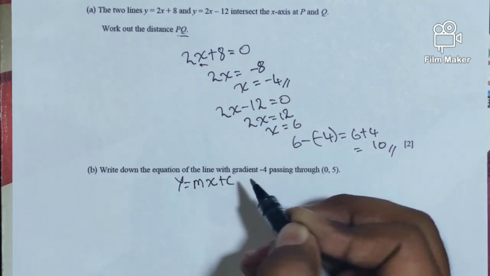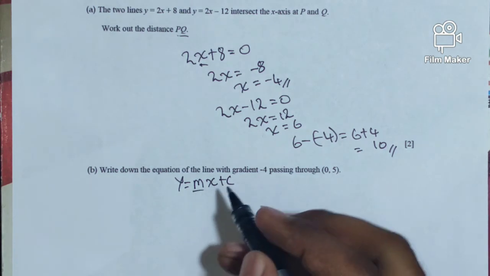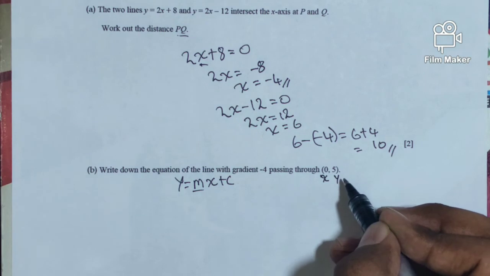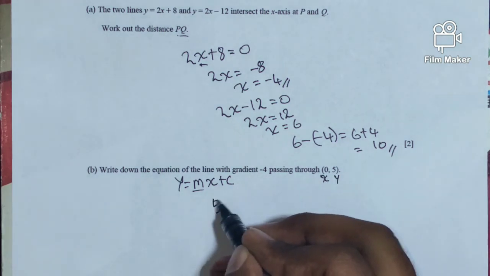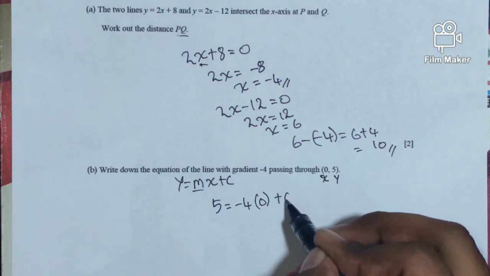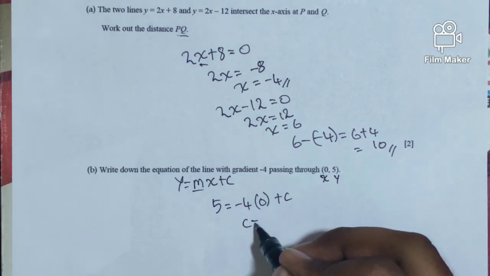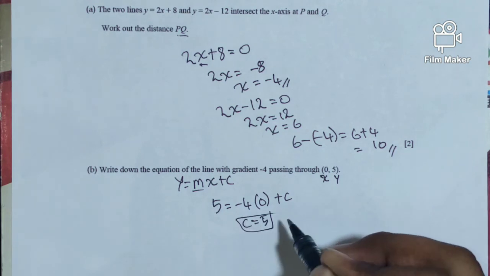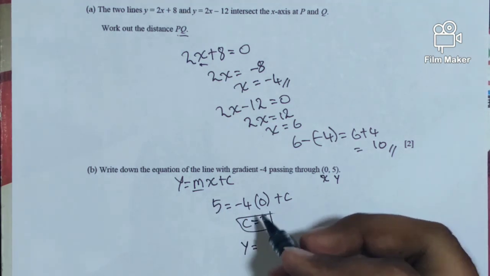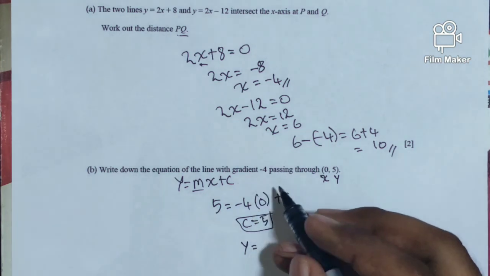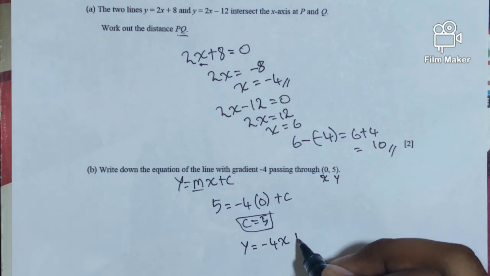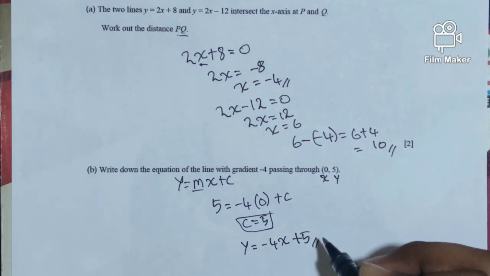Where m is the gradient, and 0 is the x and y is 5, so 5 equals minus 4 into 0 plus c, so we'll get c equals 5. Now the equation would be y equals minus 4x plus 5. This is the final answer for this part of the question.